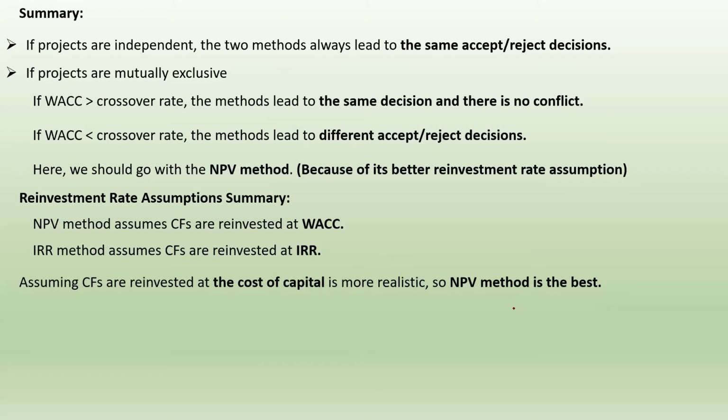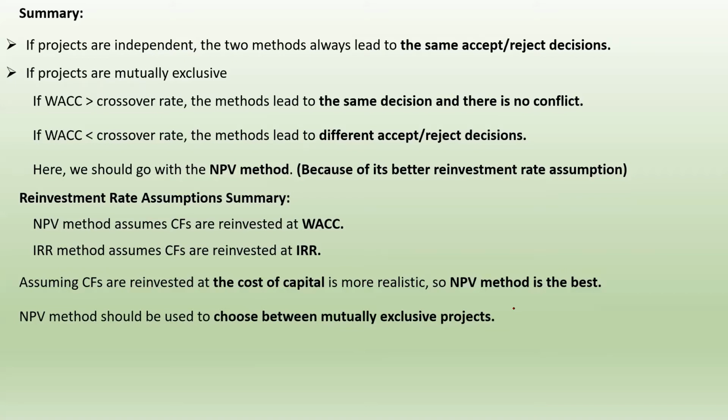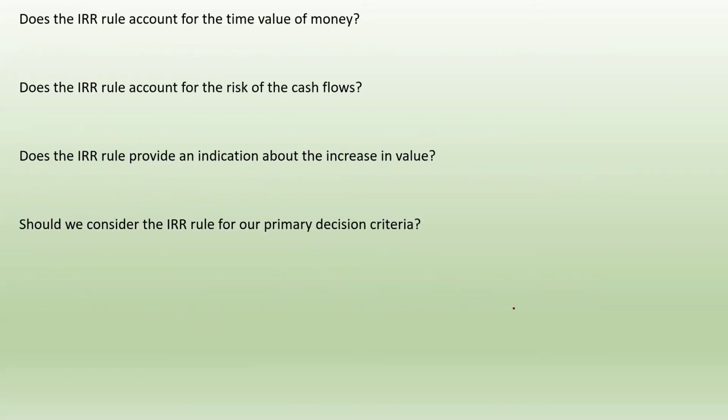But IRR is project specific, so each project has a different IRR. So in this case, assuming that cash flows are reinvested at the cost of capital is more realistic. So the NPV rules are the best. And whenever there's a conflict between the NPV rules and IRR rules, we will go for the NPV rules.